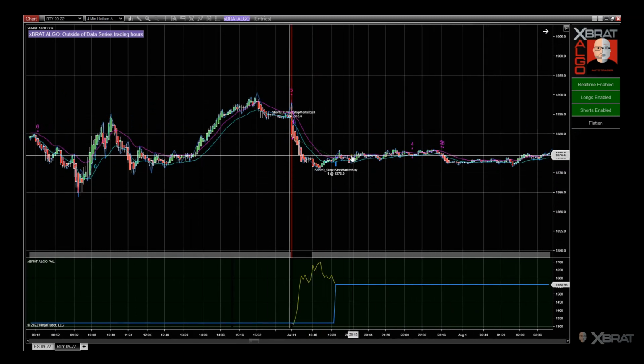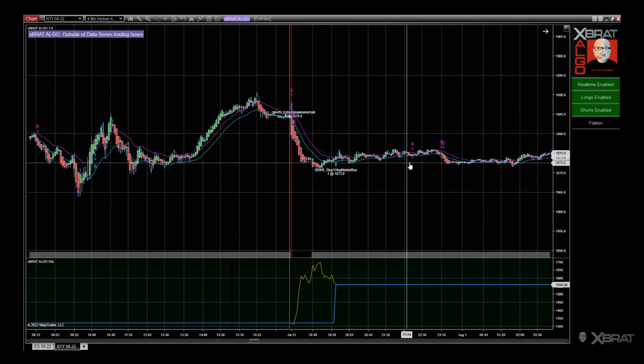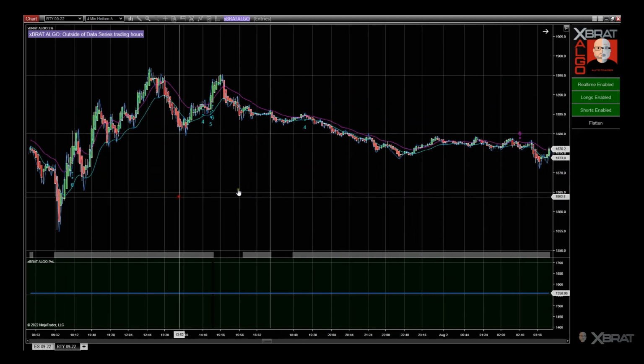This one was a small winner, didn't reach the target, but it was a winner. It took a trailing stop, took the profit there, which it's designed to do.